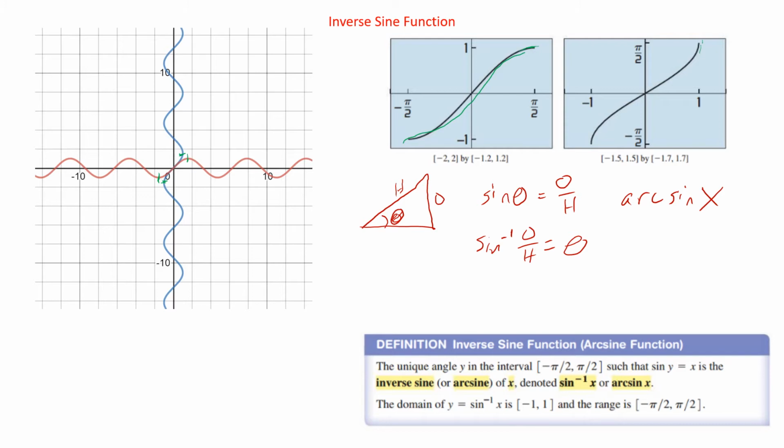The domain of the arc sine is -1 to 1 because the range of the sine was -1 to 1, and then the range is -pi/2 to pi/2 because that's the domain from the minimum to the maximum.